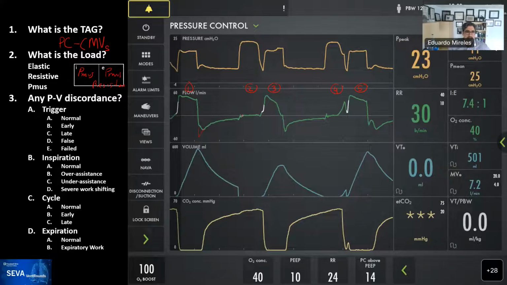It's simply triggered by the machine, but there's no flow at all, and we'll talk about that. The third breath is triggered by the machine. The fourth breath is triggered by the patient. So patient, machine, and patient here. When we come back to breath number 2 and 3, you see that it's the machine followed by the patient.